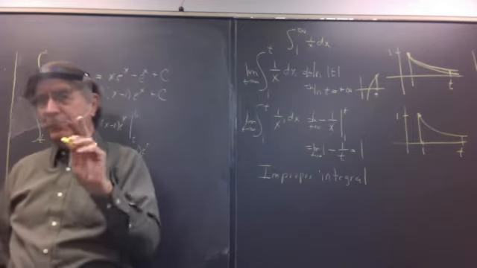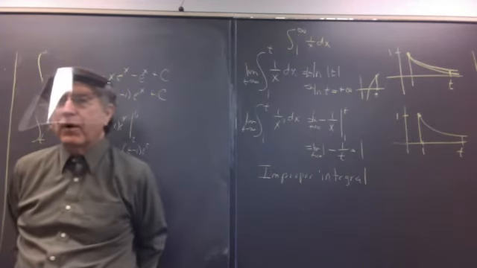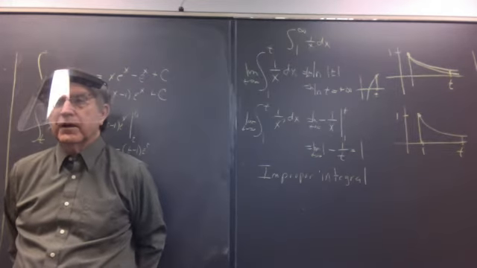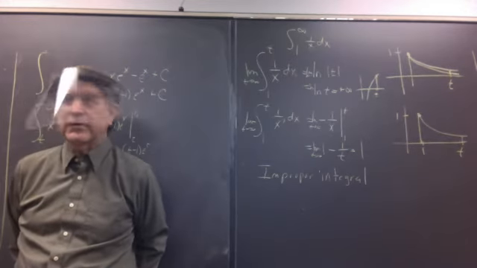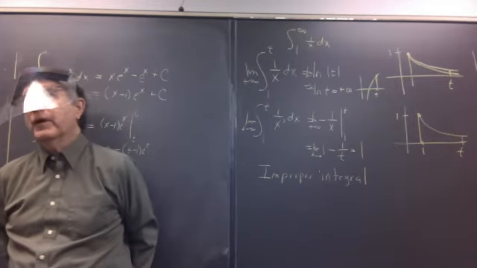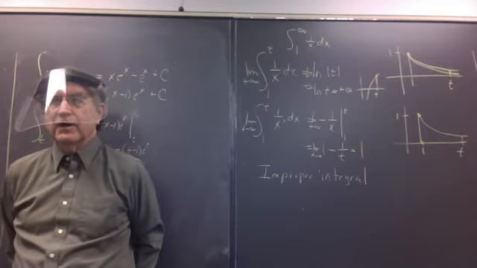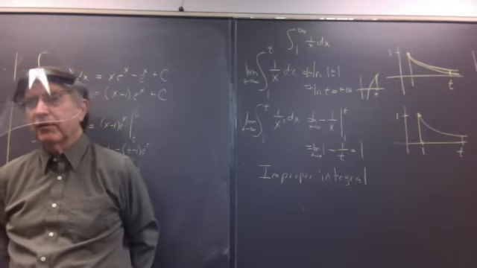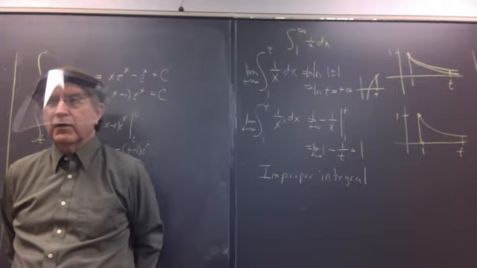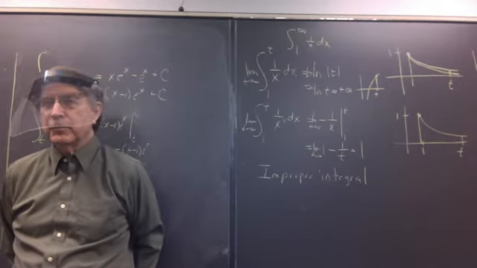When the limit exists, and that means a number, the improper integral is said to converge, and it converges to the number that's the limit. When the limit is infinity or doesn't exist at all, and remember you can have things that don't exist and not be infinity, it's called divergent.